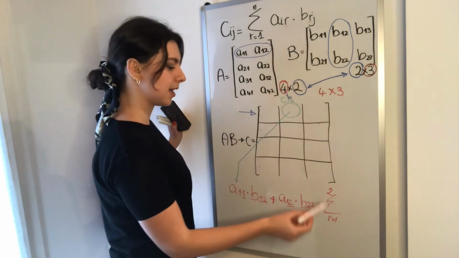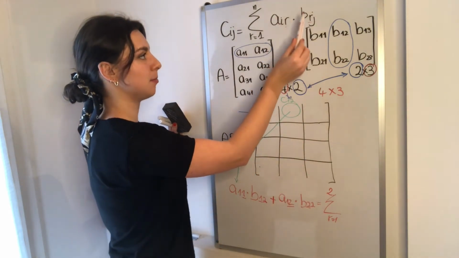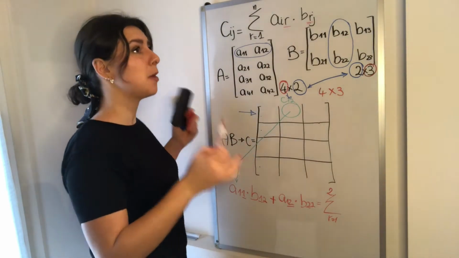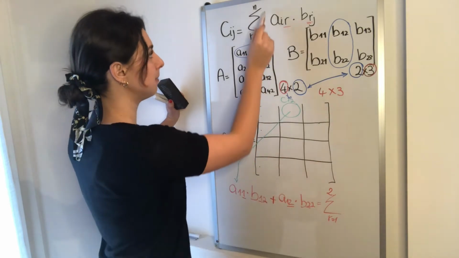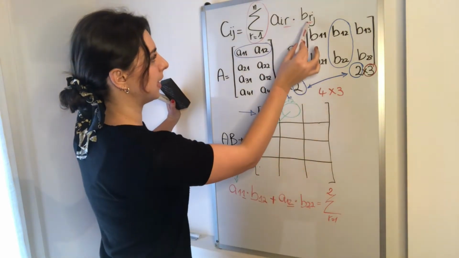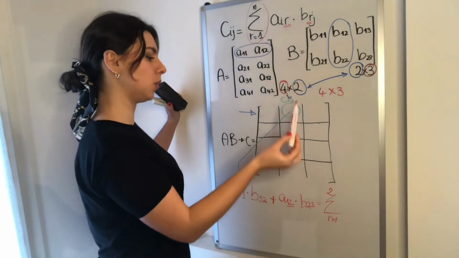So, as we said, we are multiplying A by B with the first position of R. And then we are summing, because this is a sum, A multiplied by B with R that goes to 2.